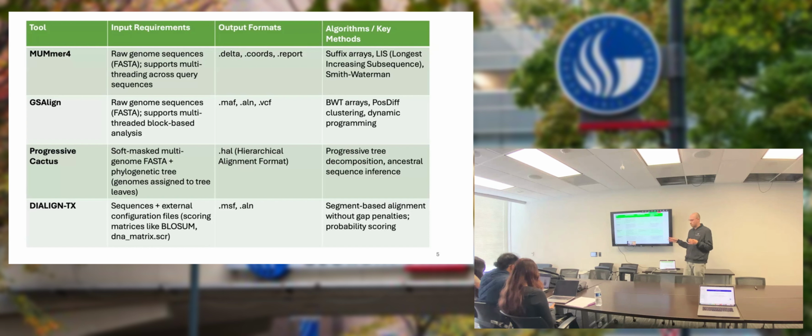So basically this tool is for evolutionary biology, and another tool requires some external files like scoring matrices. So it cannot just take two files and give an alignment.